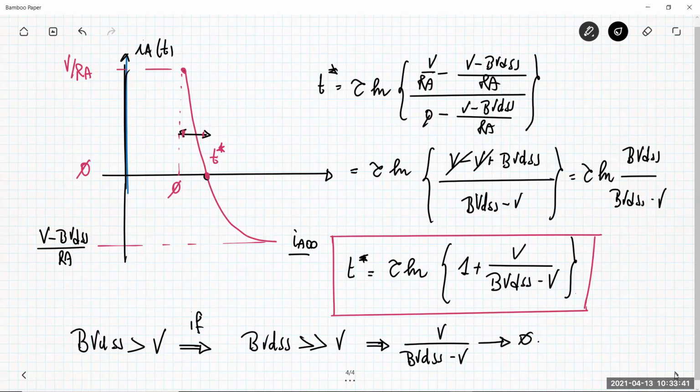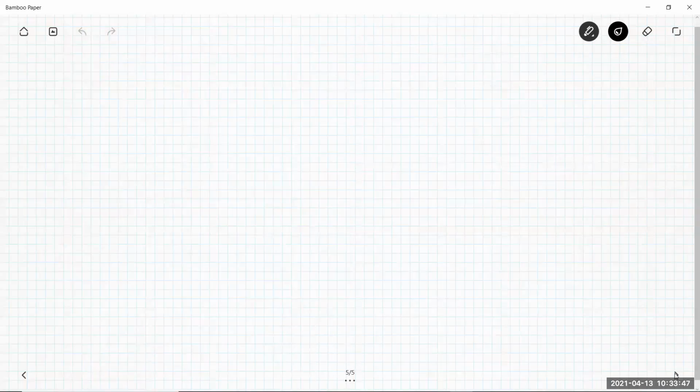So we have a term here which is something like natural logarithm of 1 plus x, in which x is going to 0. So we have something that can be approximated, and the approximation is x.